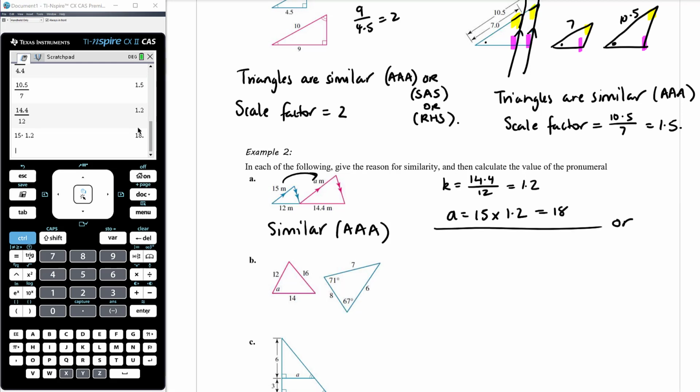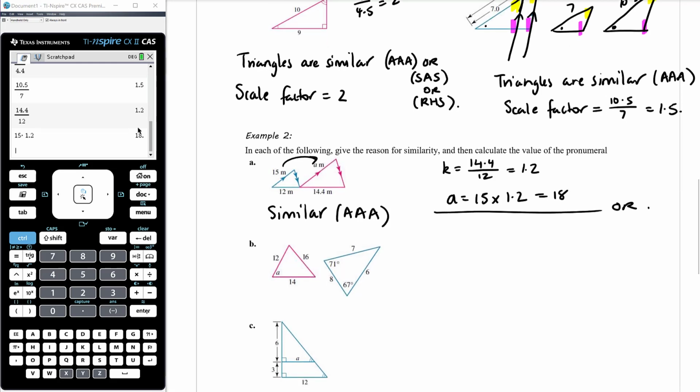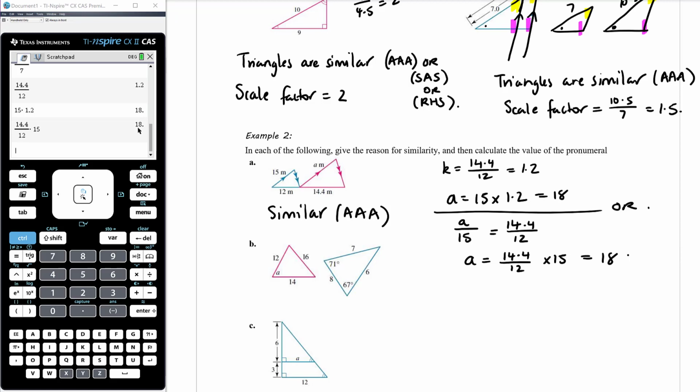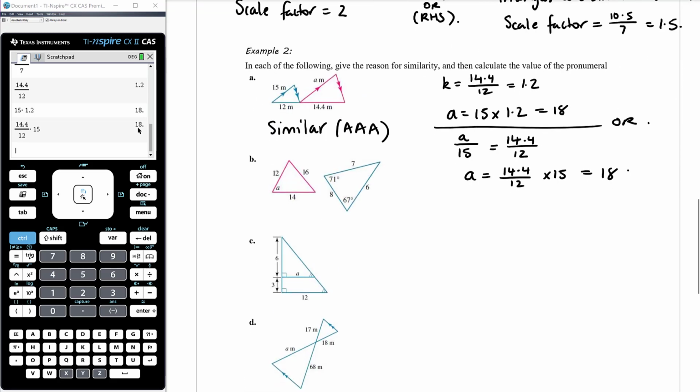Or we use the ratio method, which is what I would do, which is to just divide the corresponding sides. So we know A divided by 15 is going to be the same as 14.4 divided by 12, and then get your CAS to solve that for you, or multiplying both sides by 15. So we just do 14.4 divided by 12 and times by 15, which gives us 18. Okay, so either using the scale factor or using that sort of ratio method.